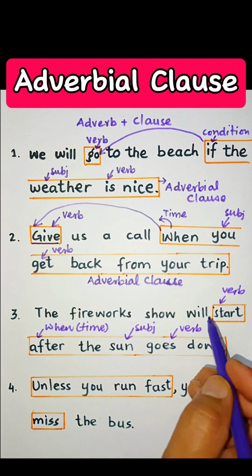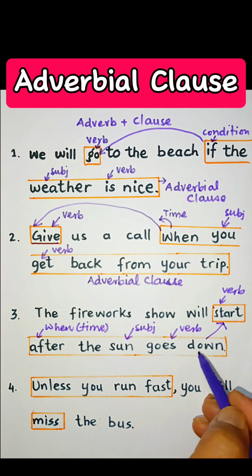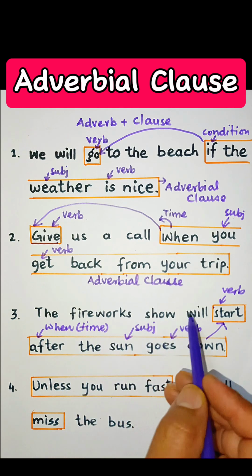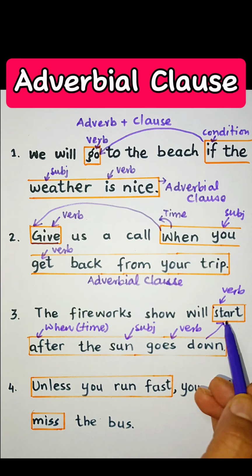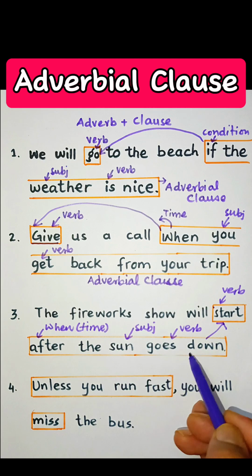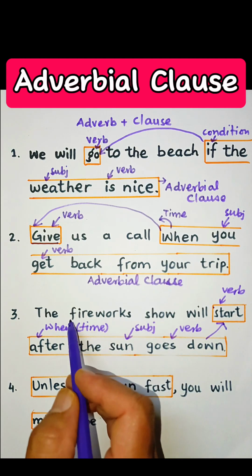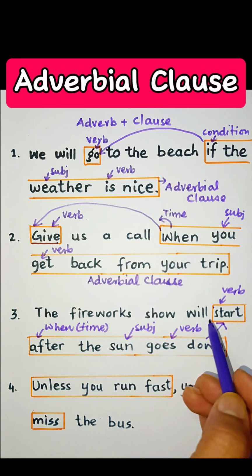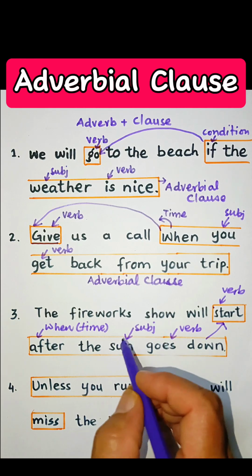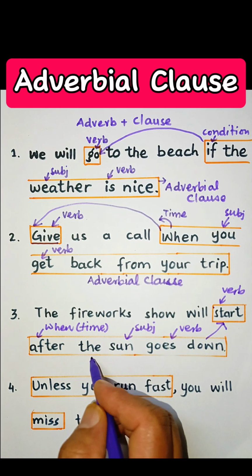This clause is adding to the meaning of the verb start, so it becomes an adverbial clause. This is the condition of time. Only once the sun goes down, the starting of this particular show will happen. So it fulfills the condition of both adverb as well as clause. So it becomes an example of an adverbial clause.